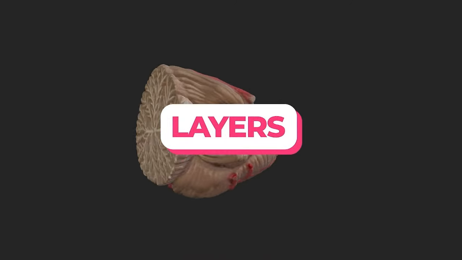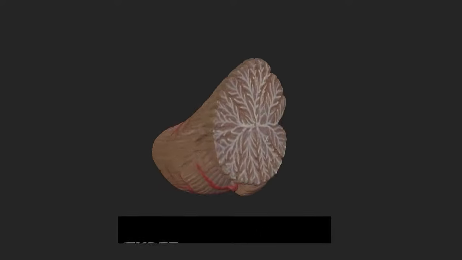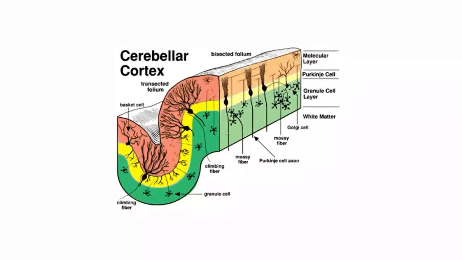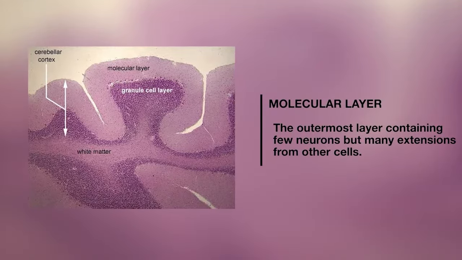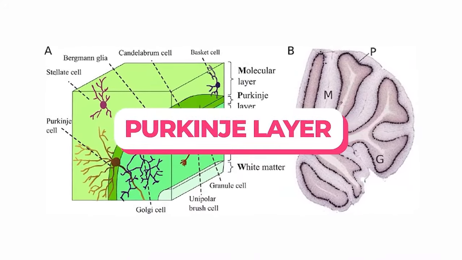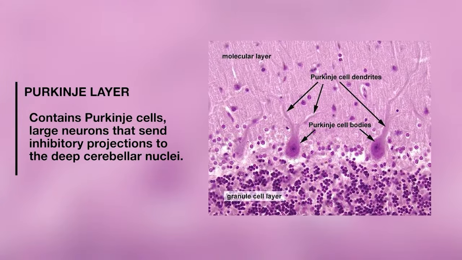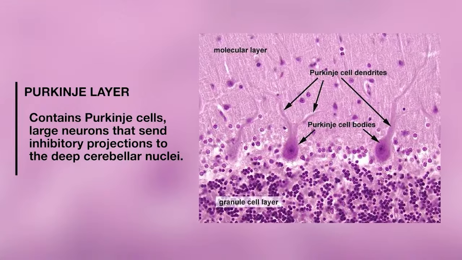Layers. The cerebellar cortex, which is the outer layer of the cerebellum, is made up of three distinct layers. Molecular layer. The outermost layer containing few neurons but many extensions from other cells. Purkinje layer. Contains Purkinje cells, large neurons that send inhibitory projections to the deep cerebellar nuclei.